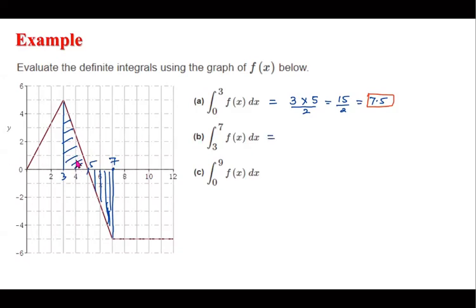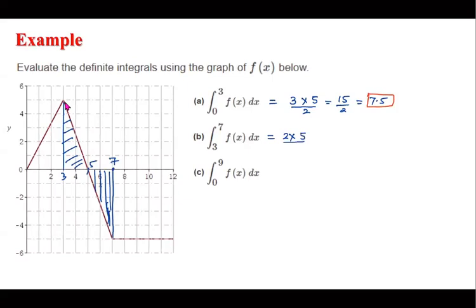The area of this triangle above the x-axis is base times height divided by 2. Base here is from here to here, which is 2 units long. This one is 5 units tall.